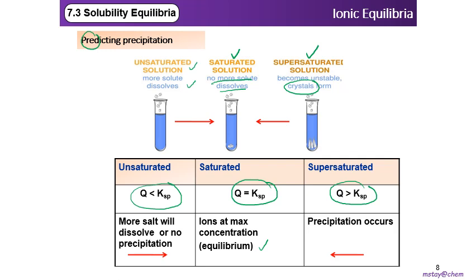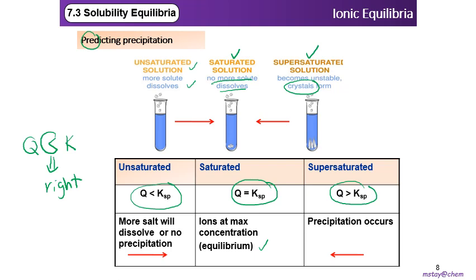Just like what we learned in chapter 6, comparing the Q with the K. If the K is more than the Q, the reaction, like the Pac-Man, will shift to the right to achieve the new equilibrium.